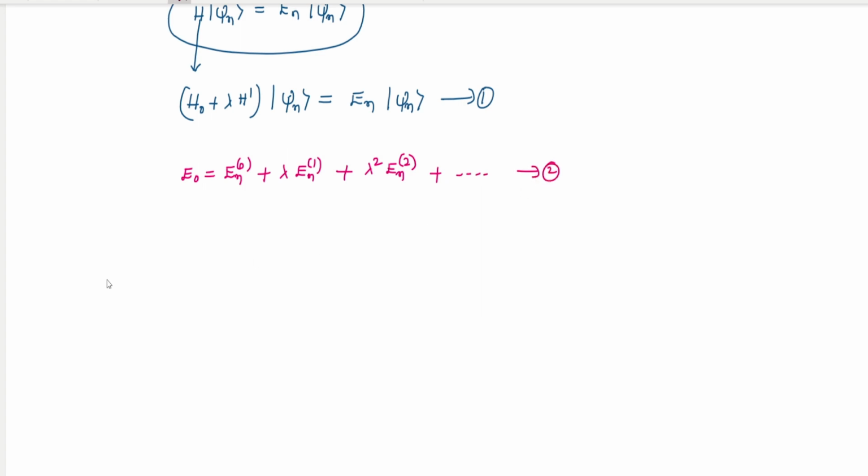This is equation number 2. In the same way, the wave function I'm also going to expand in terms of a power series: psi n power 0, plus lambda psi n power 1, plus lambda square psi n power 2, and so on.